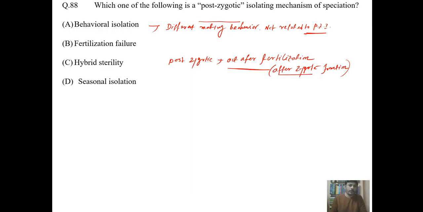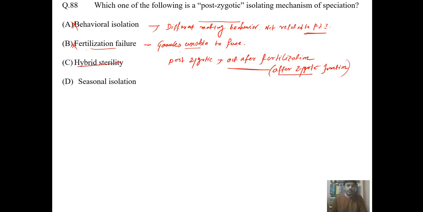So this is wrong. Fertilization failure means gametes are unable to fuse. So it is a case of before zygote formation. So this is also wrong.